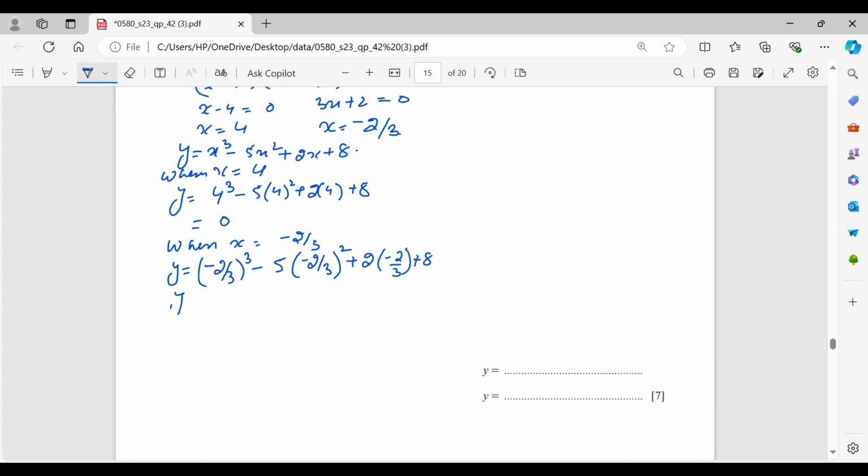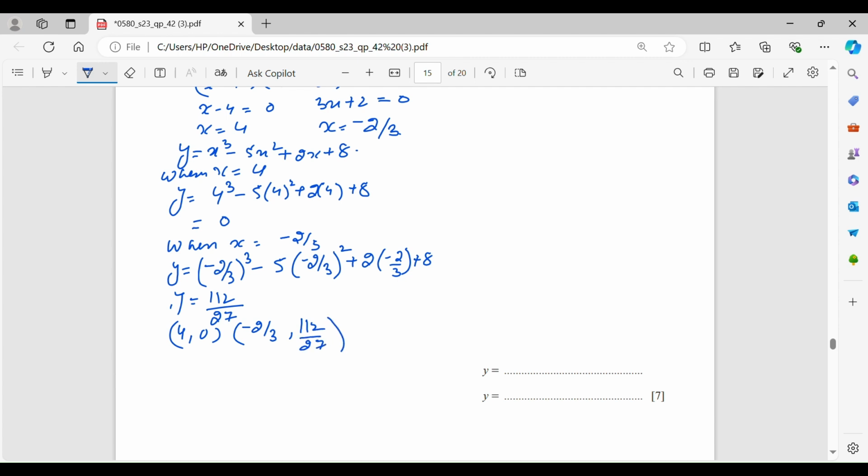So here we will use the calculator, and the y will be 112 by 27. So our two coordinate points are one is 4 and 0, and the other is minus 2 by 3 and 112 by 27, right?